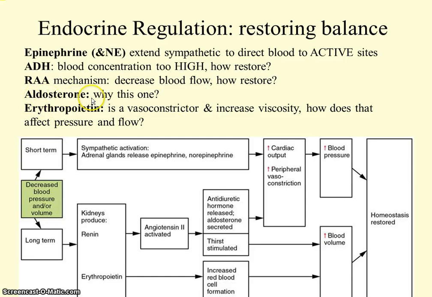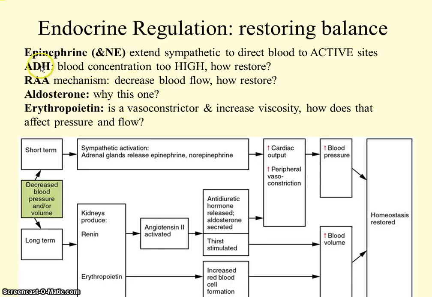All right, aldosterone is basically sensitive to the amount of sodium and potassium levels, but what happens here is by releasing aldosterone when we activate the RAA, we get the kidneys to retain the sodium, and water tends to stay with the sodium.